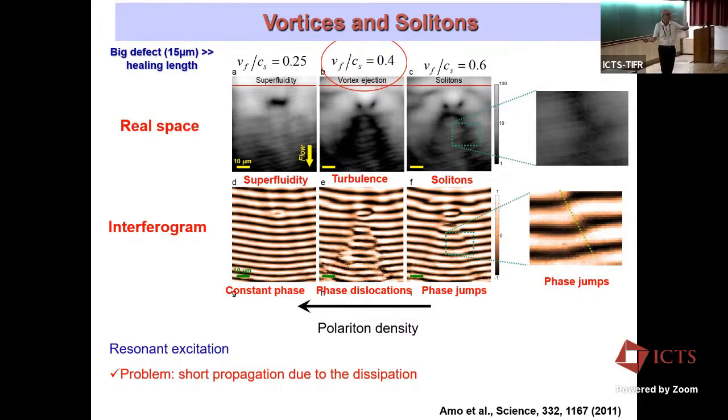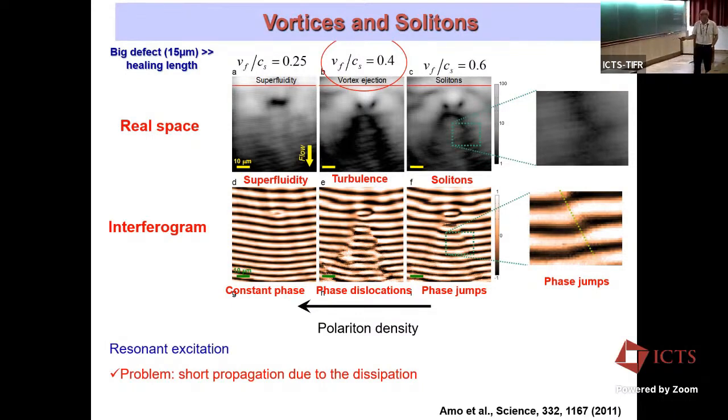This is another advantage of our system, because we can detect and measure the phase of the fluid in a very simple way, just making an interferometric measurement. So we can see here that the interference fringes are very regular. This means that there are no phase defects. This is the superfluid case.